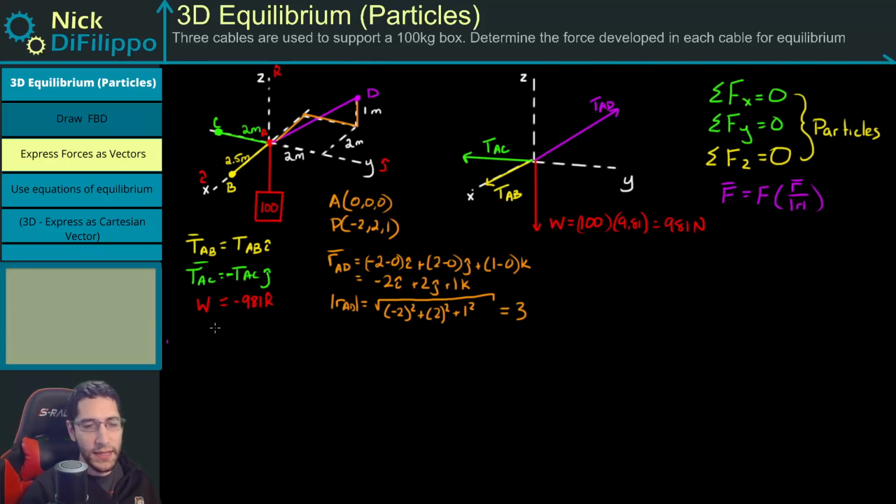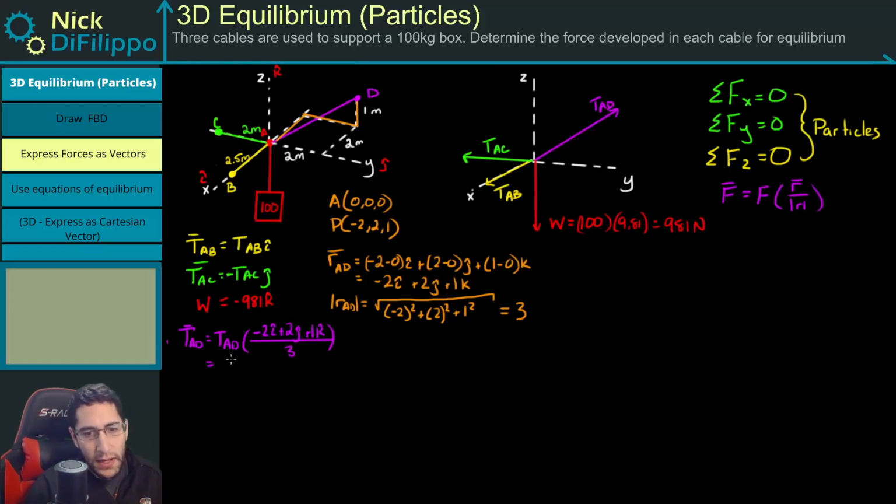So let's write this equation. This TAD is going to be equal to TAD times this position vector, minus 2i plus 2j plus 1k, all over 3. And we can simplify this again.